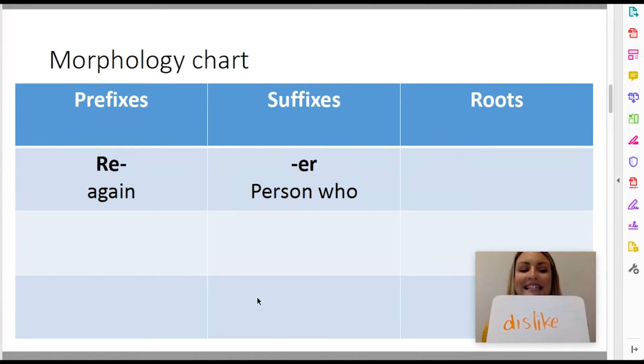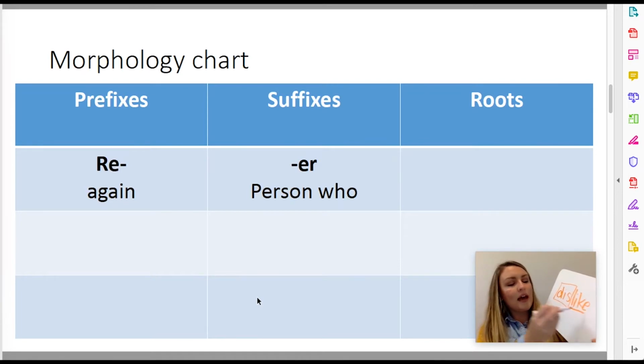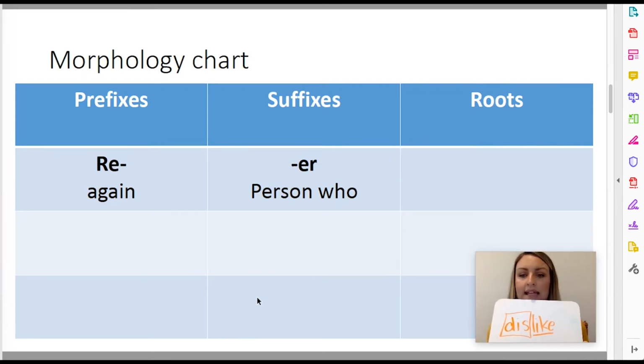This word is dislike. The prefix in this word is dis. Nice job. I'm going to draw a box to remind me this is a prefix. Okay? And the other part of the word is like. So I'm going to underline that to remind me that's my base word or my root word.